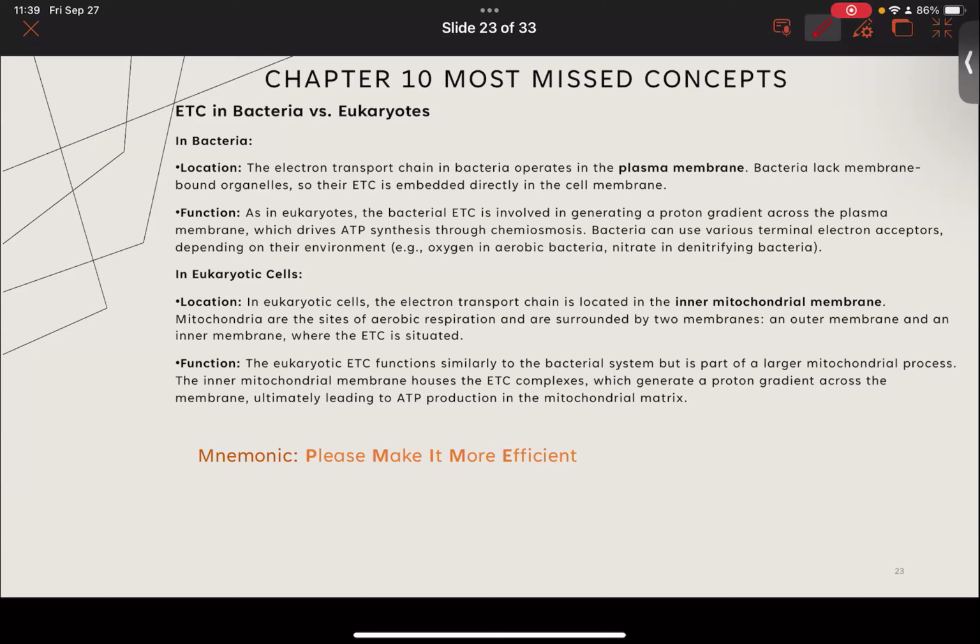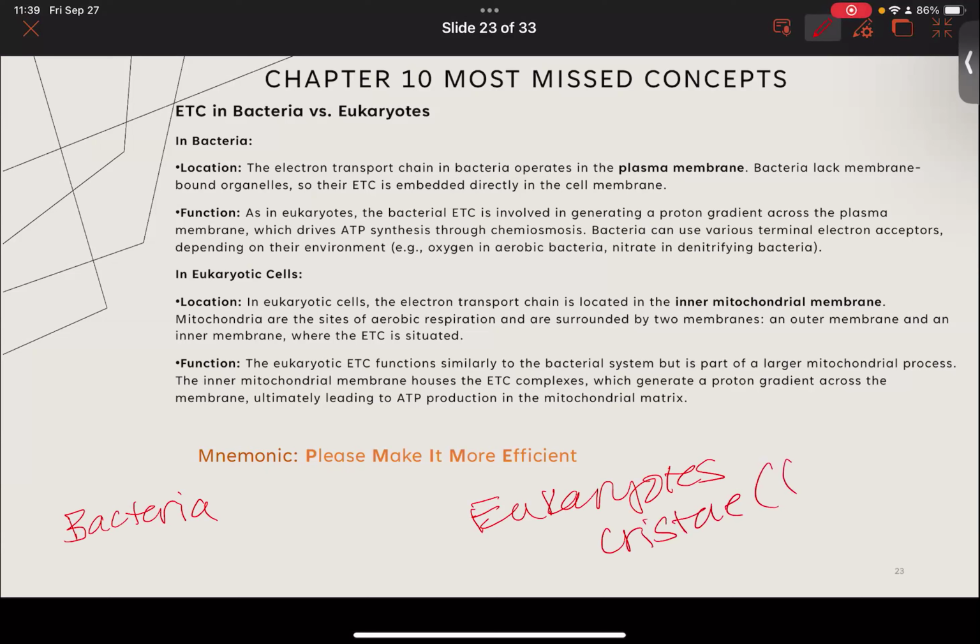So what I mean by that is bacteria don't have mitochondria. Okay. Eukaryotes, all of our electron transport chain is occurring on the cristae, or the folds of the mitochondria.